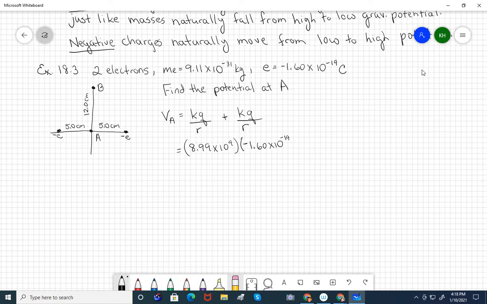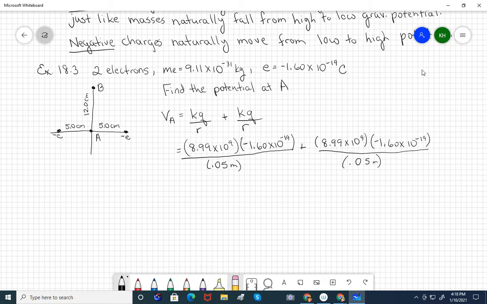It's very important that you put in the signs on this. And for the first charge, if we're looking at point A, it's 5 centimeters away, so 0.05 meters. And the second charge is actually the identical thing. It is also k, Q, and 0.05.